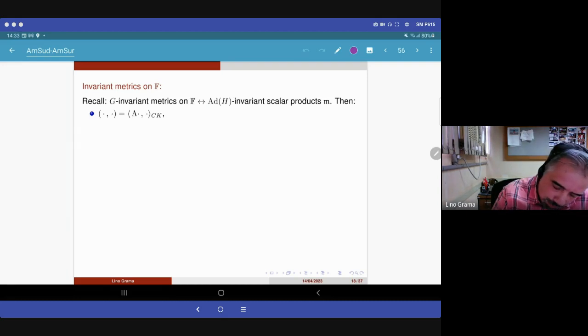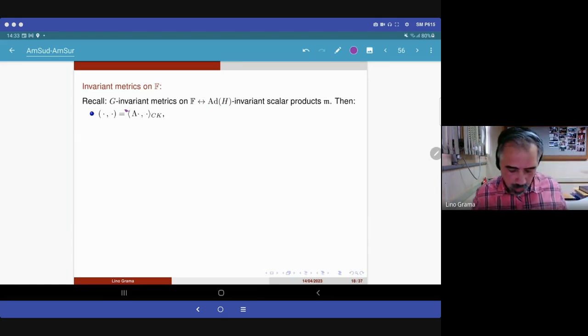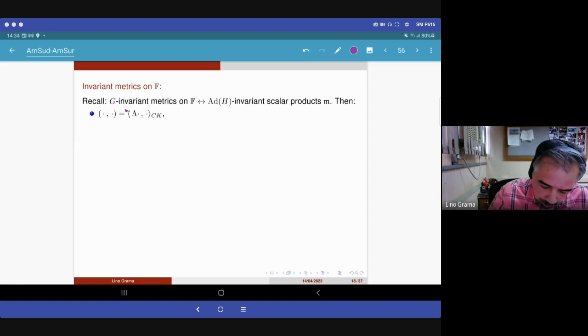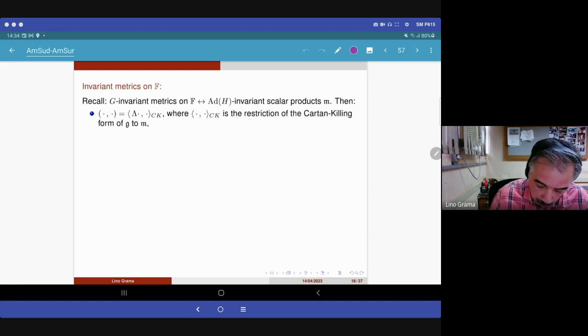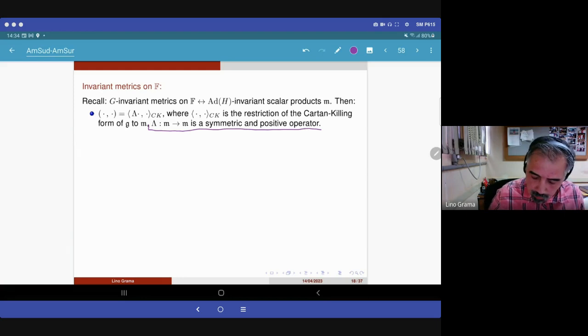Actually, this will be the negative of the Cartan-Killing form, but as you know, in a complex simple Lie algebra, the Cartan-Killing form is negative definite, so we just put in the minus. This is a scalar product. And this Lambda, capital Lambda, is a symmetric and positive operator.